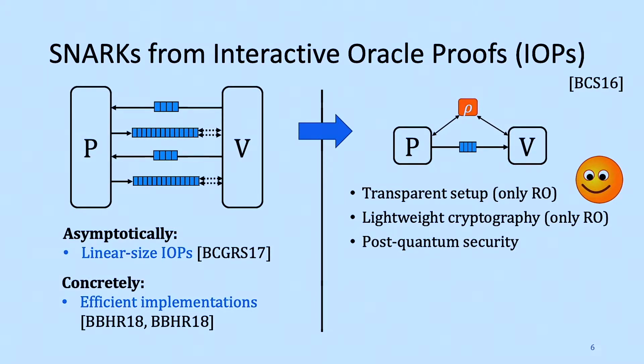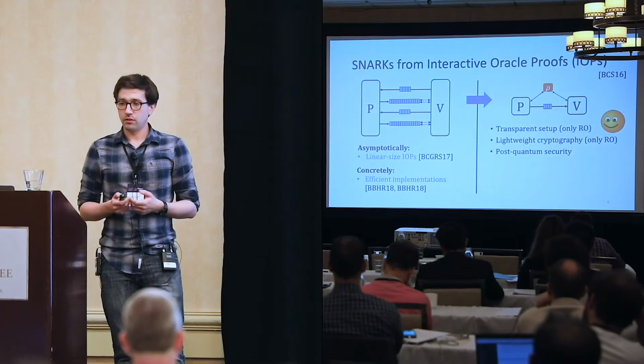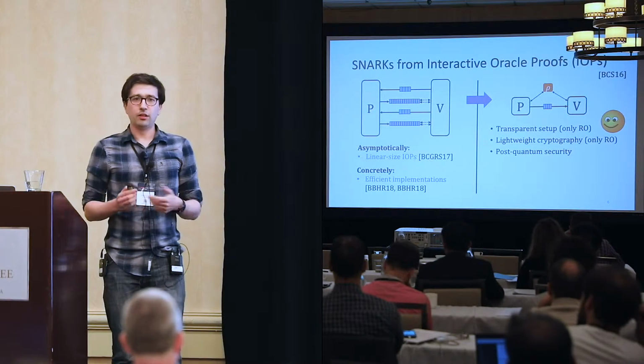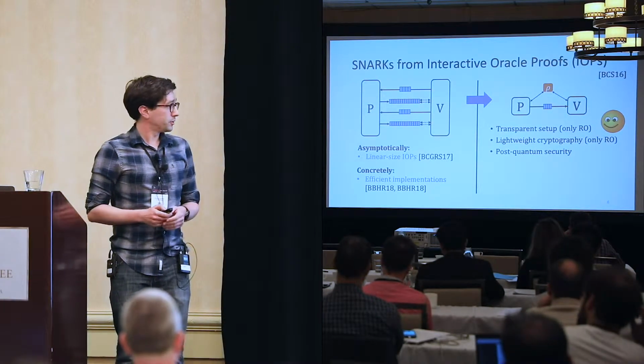This is work by Ben-Sasson, Bentov, Horesh, and Riabzev. Two different papers with the same acronym. And they show that you can actually implement these things concretely in a way that is efficient for practical computations.